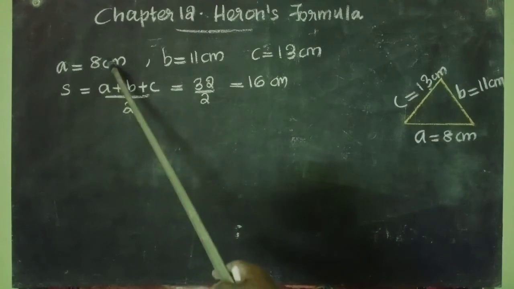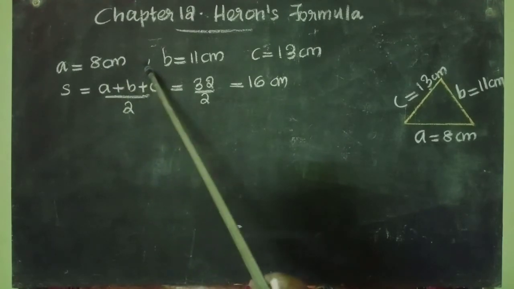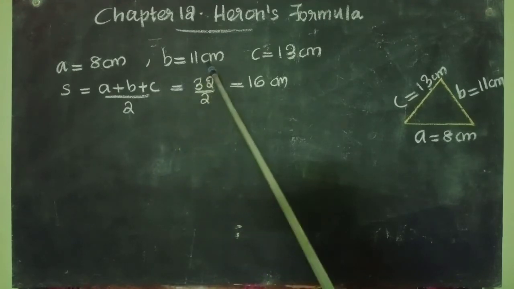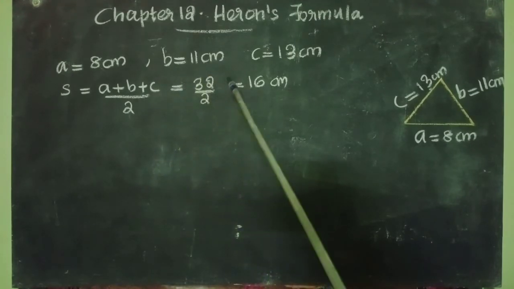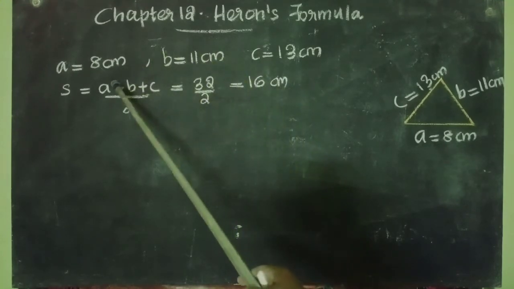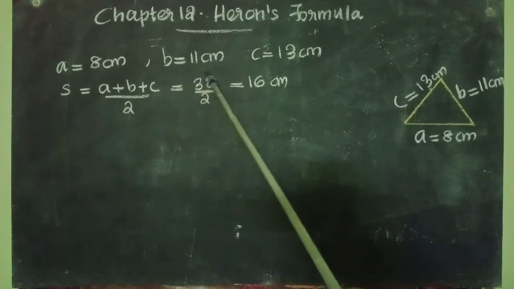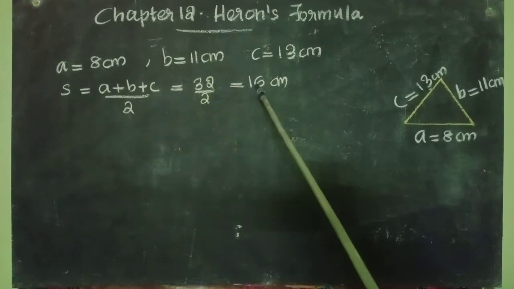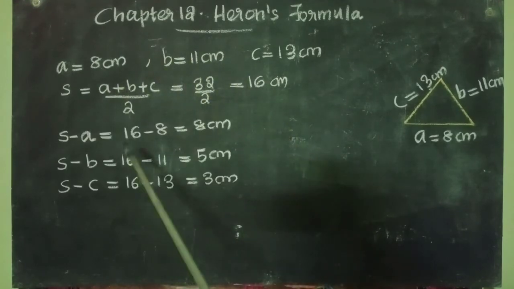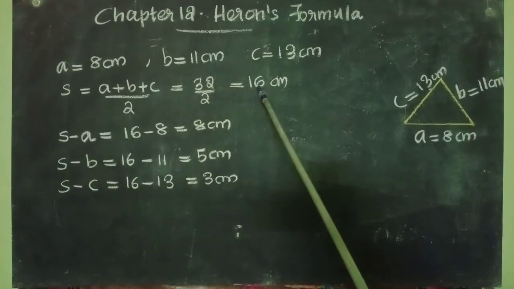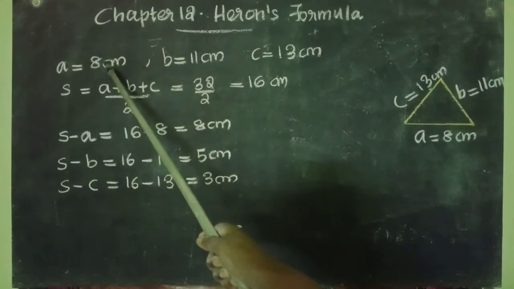S equal to A plus B plus C by 2, that is equal to 32 by 2 equal to 16 cm. It is given A plus B plus C equal to 32, that is perimeter. So we got S equal to 16 cm. Now S minus A. S is 16, A is 8.